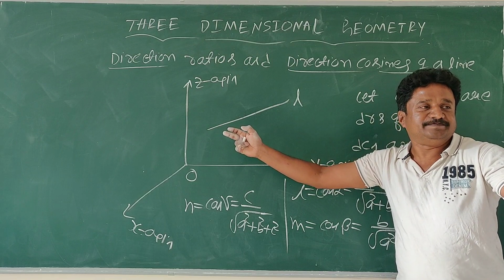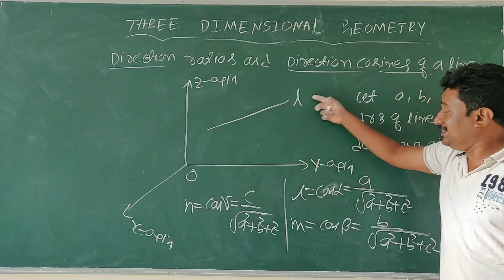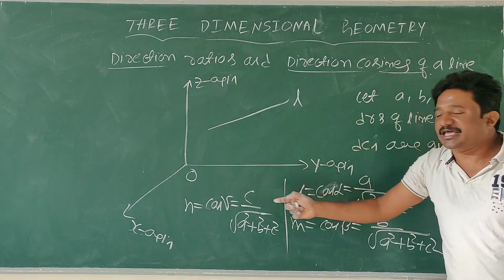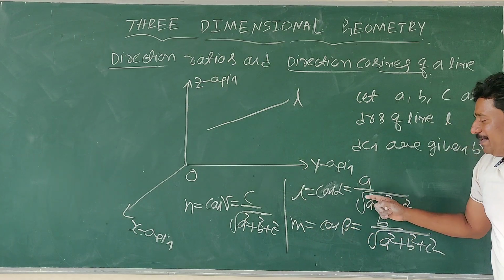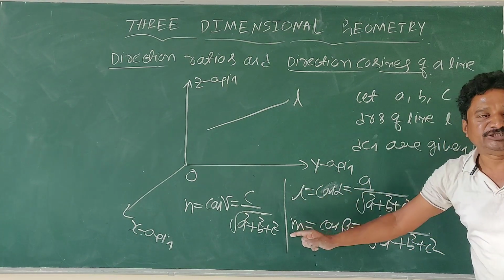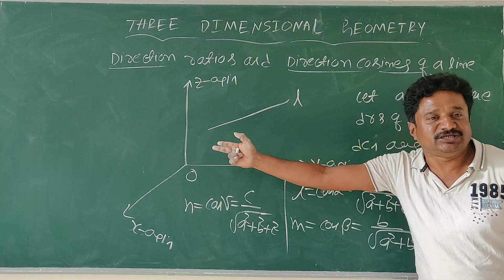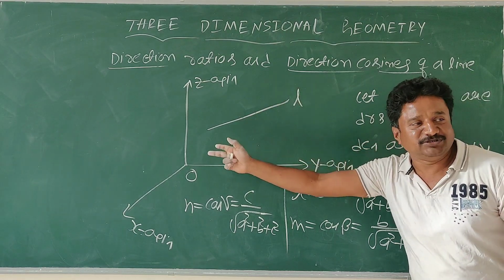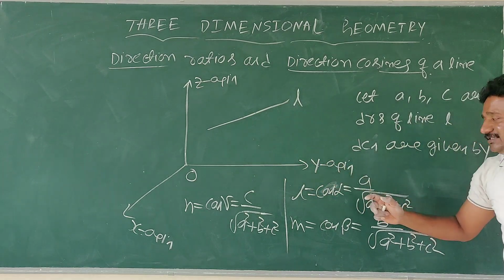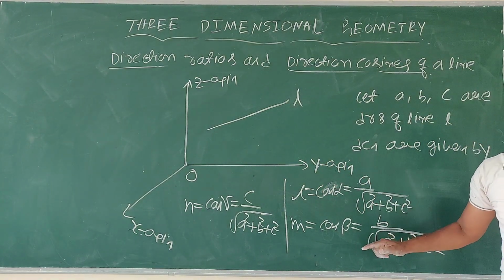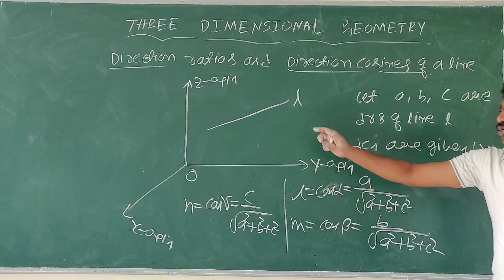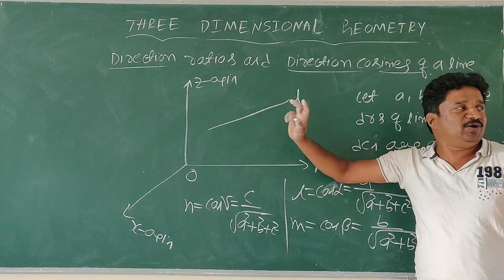If I take line in this direction, the distances can be taken as plus A by, plus B by, plus C by. If I think of line in opposite direction, I can take this as minus A by, minus B by, minus C by. Line is having no direction.